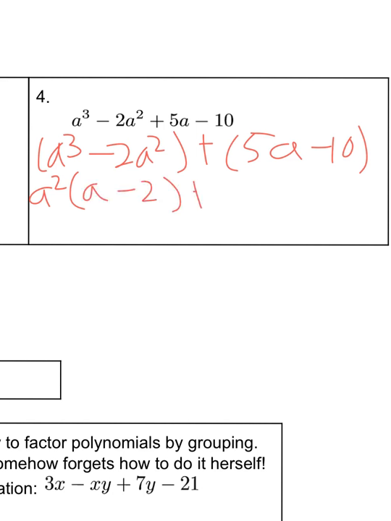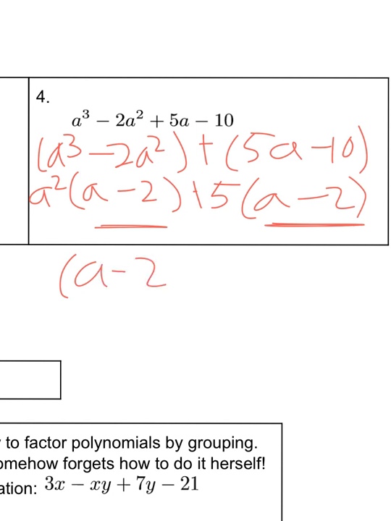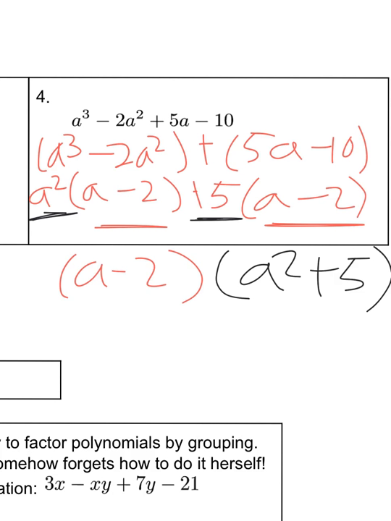And in the second group, we can take out 5, and what we have left is a minus 2. So we're going to take out a minus 2, and then we're left with a squared plus 5, and that will be our second group. And that is your final answer.